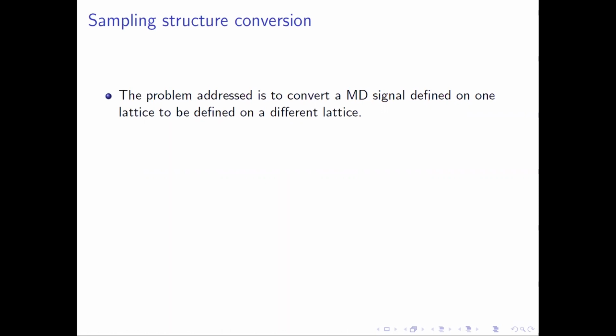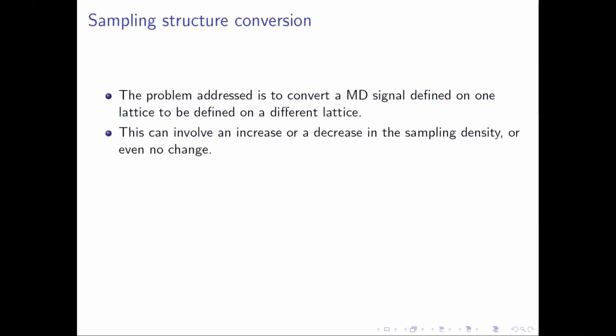This is accomplished by a multidimensional system where the input and output signal spaces are different, associated with different lattices. The process may either increase the sampling density or decrease the sampling density. When decreasing the sampling density, we must be careful to control aliasing.